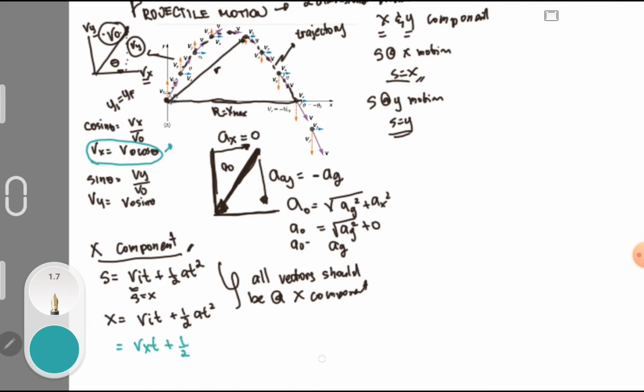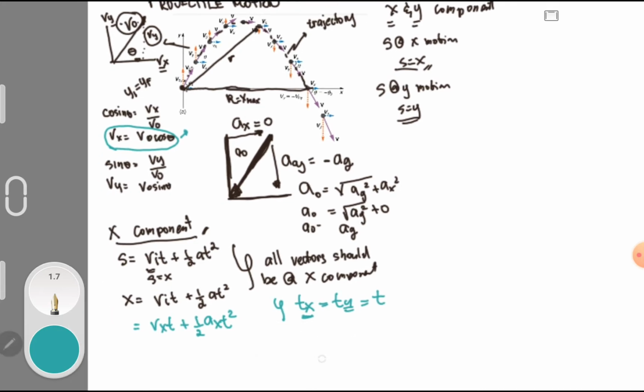So all vectors, A is a vector. So therefore Ax. T is not a vector, right? So T squared. Take note that T is not a vector. So therefore, the time at your X position is equal to your time at your Y position, which is particularly your T. Okay? So, yan.